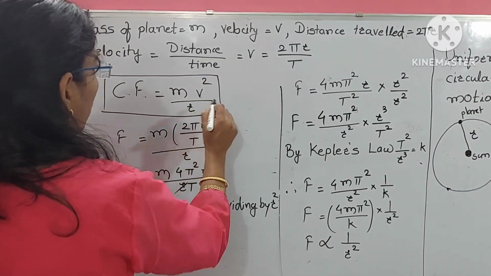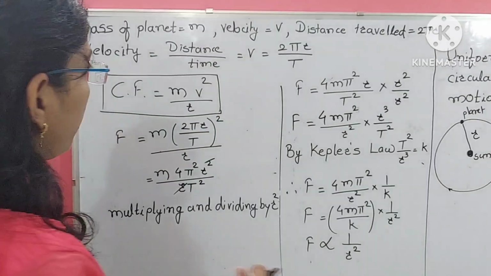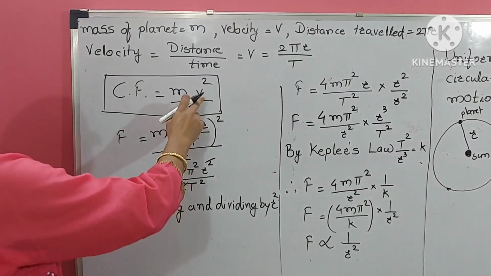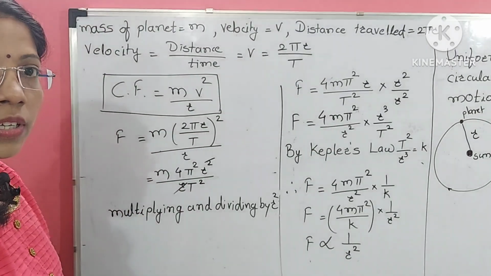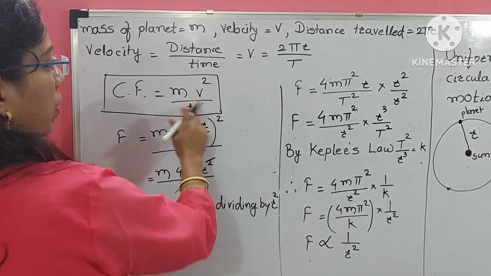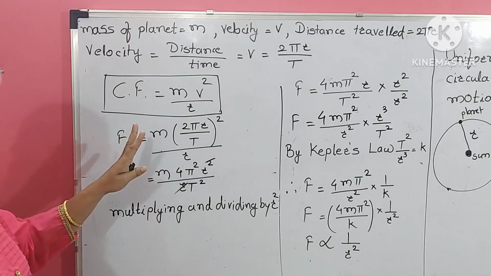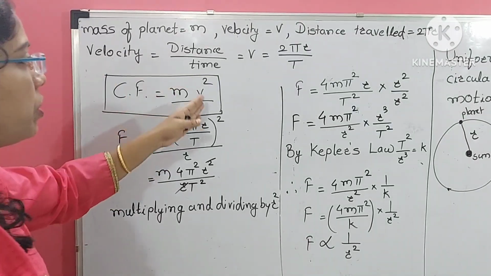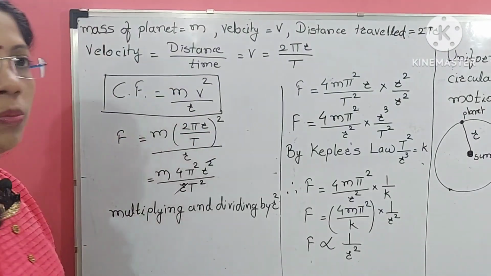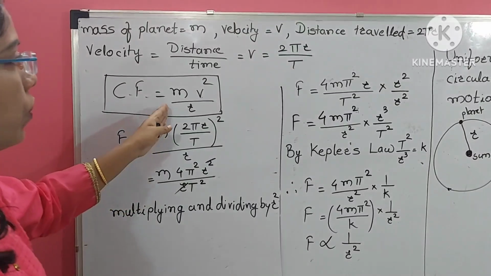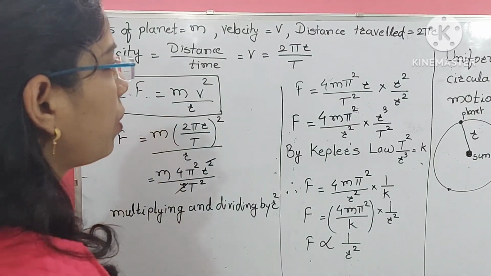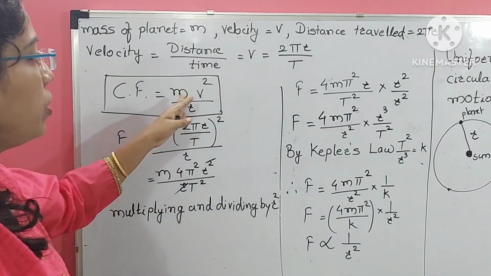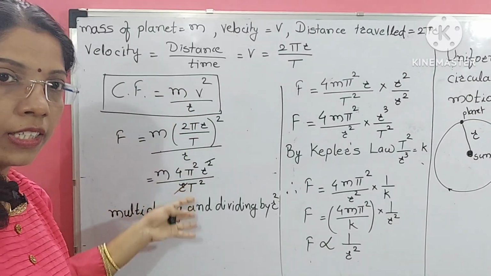The normal force is F equals ma, but the centripetal force is equal to m v square by r, since centripetal acceleration is given by v square by r. You have to learn this formula for centripetal force, m v square by r, and then we can start the expression.